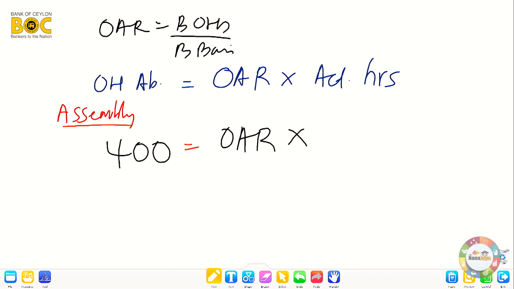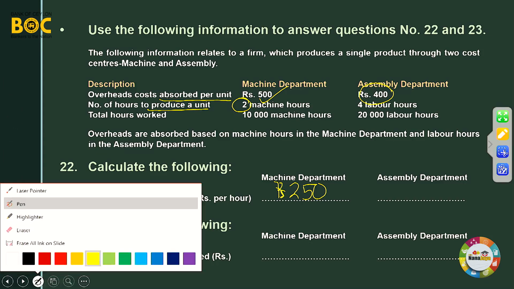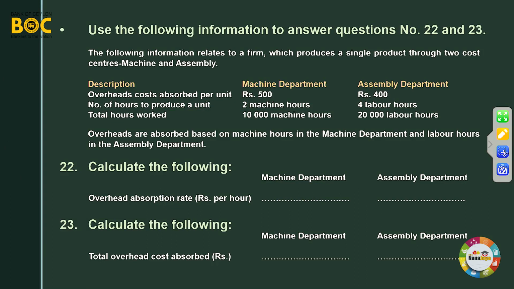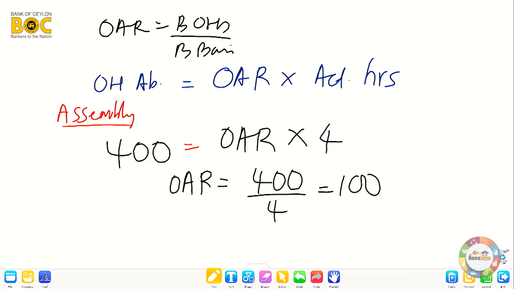Actual hours on that department, the number of hours required to produce one unit, is 4 hours. The overhead absorption rate equals 400 divided by 4, so you get 100 rupees.